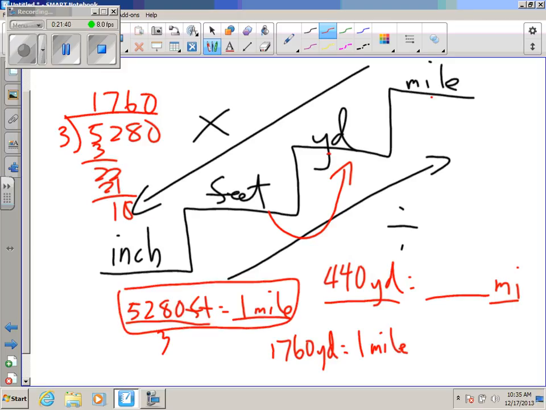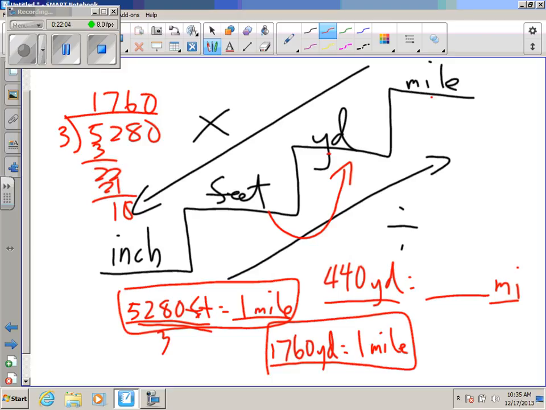All I would have to do then is convert these feet to yards. If 5,280 feet are in a mile, I could just convert that by dividing by 3 and get 1,760. Now here's the magic number. Now I know how many yards are in a mile.